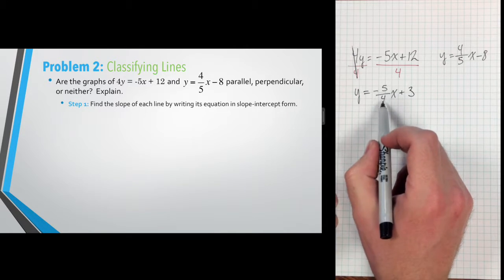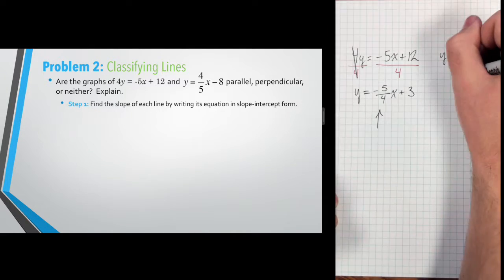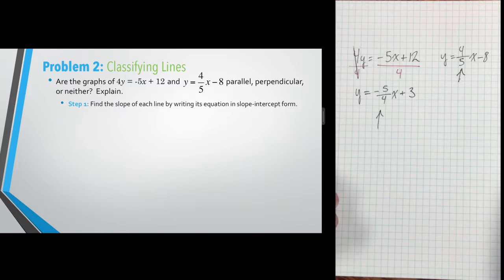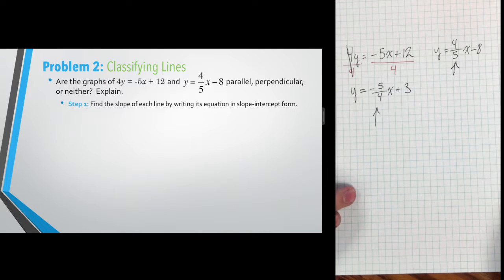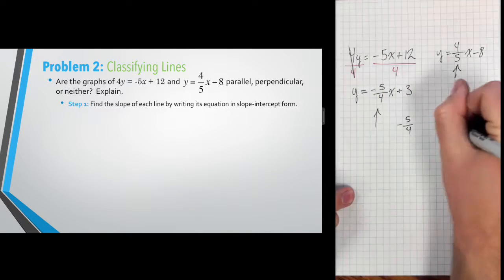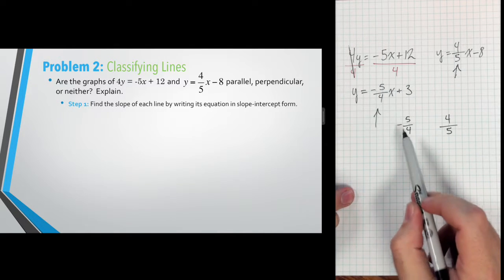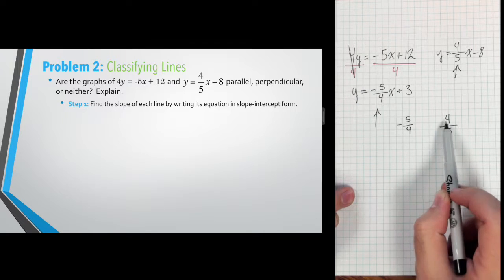Now, -5/4, that's the slope of this one. 4/5 is the slope of this one. So we have to ask ourselves, are these parallel, perpendicular, or neither? Well, if we take negative 5/4 and we line it up next to 4/5, notice what's happened. 5, 4, 4, 5.